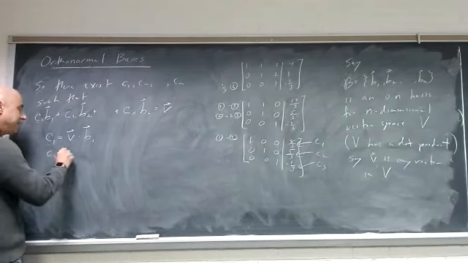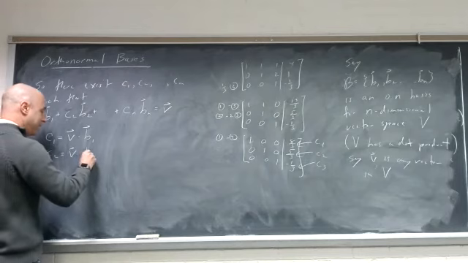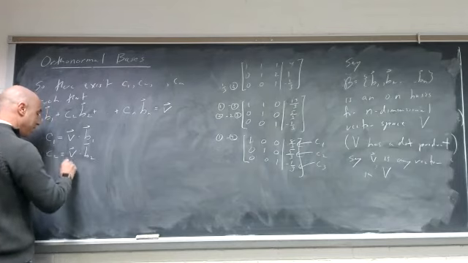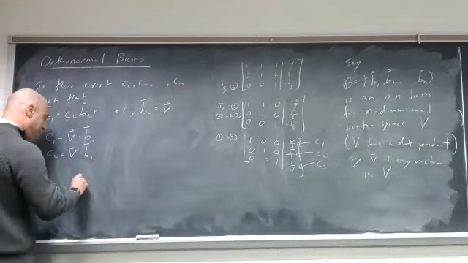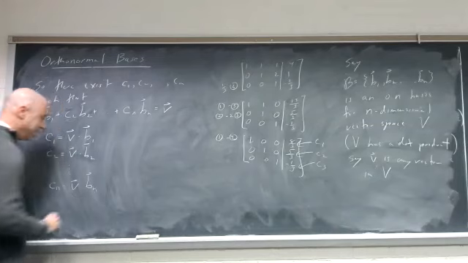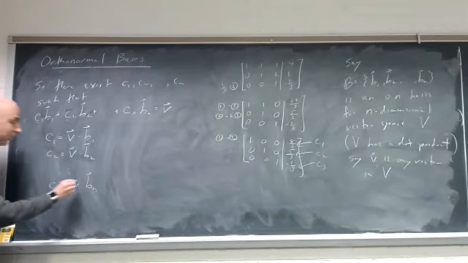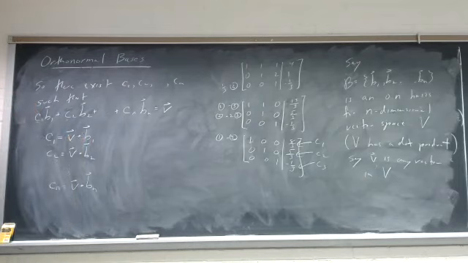C2 is nothing more than the dot product of the vector v with B2, and so on, all the way up to Cn. It's just the dot product of the vector v with the nth basis vector. That only works if B1, B2, all the way up to Bn is an orthonormal basis. These things are easy to compute.